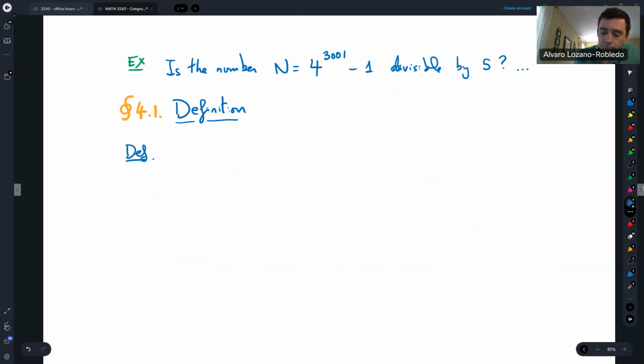So let m be a fixed integer bigger than 1.